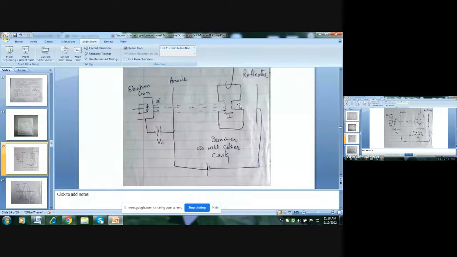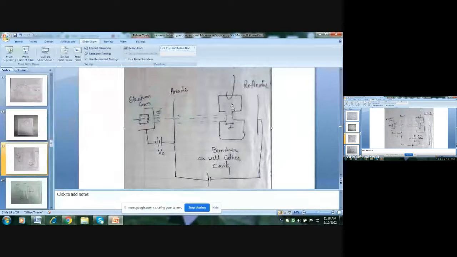the electrons, after traveling the drift space and reflecting back to the cavity, transfer the energy to the cavity.